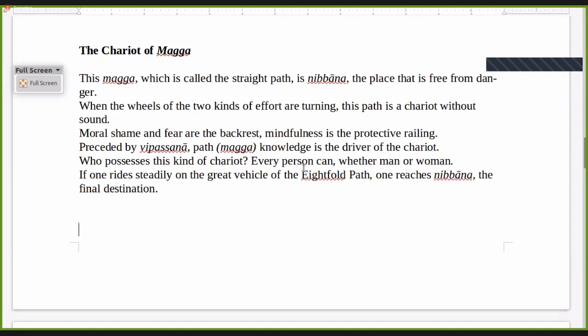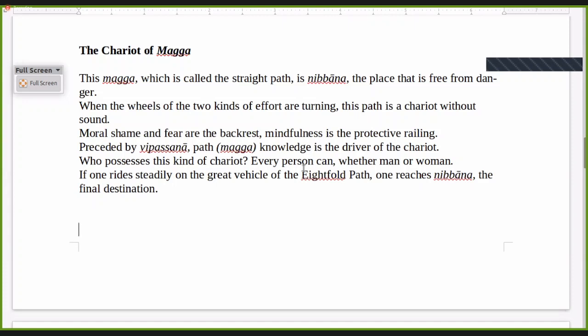So virya is turning. Even though virya is turning and the Magga vehicle is moving, there is no sound. In your Magga vehicle, there is a very good backrest, a leaning board, that is moral shame and moral fear.